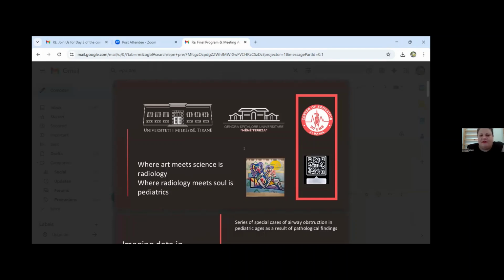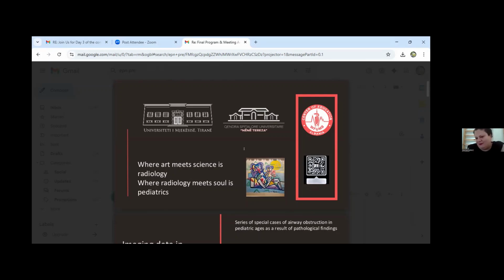Okay, in this topic, I am going to speak about airways and problems that can mimic obstruction, but are from a pathological point of view. I want to start with a sentence that is important for me: where art meets science.